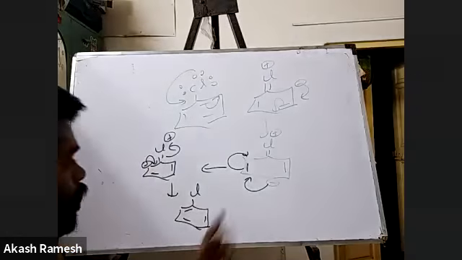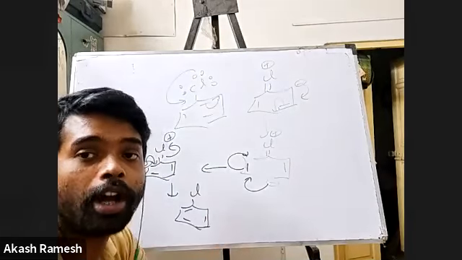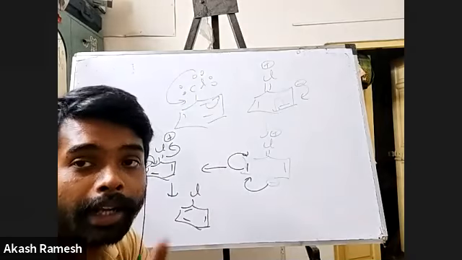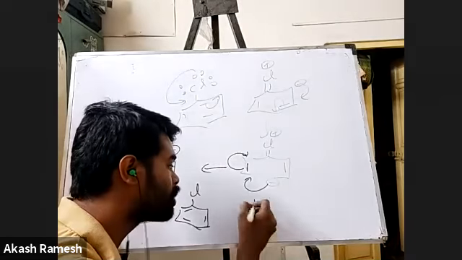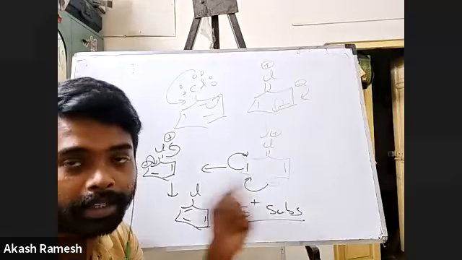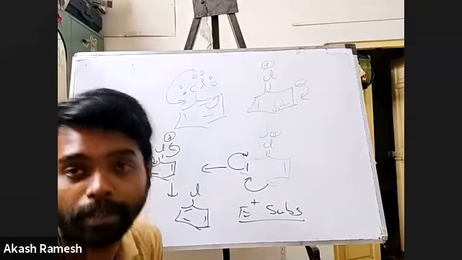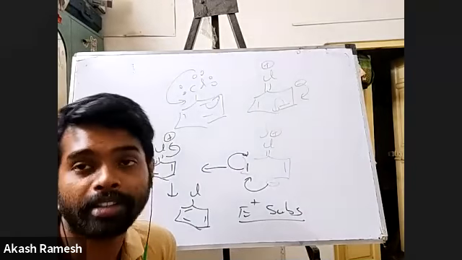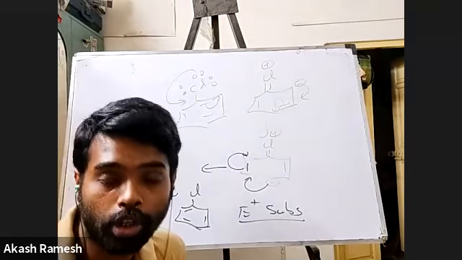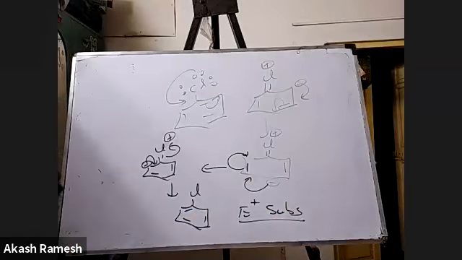Now what they're asking is, even though chlorine is an electron withdrawing group, in an electrophilic substitution reaction, which is what benzene basically undergoes, it is ortho para directing. This is because of the resonance structures.